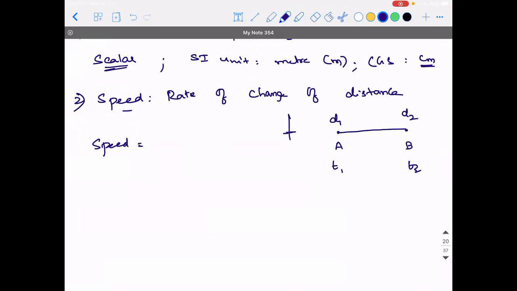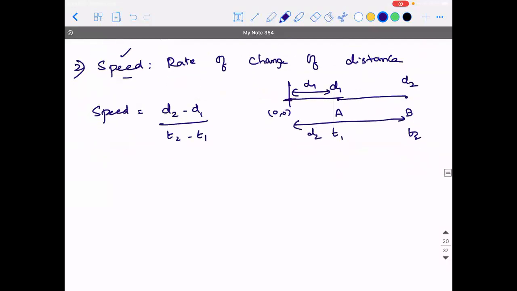If I take this as the origin, I'll call this D1 and this D2. So it is D2 minus D1, the distance covered by the object, divided by T2 minus T1. I hope you are able to understand this. The total distance covered divided by the total time is what is called the speed.